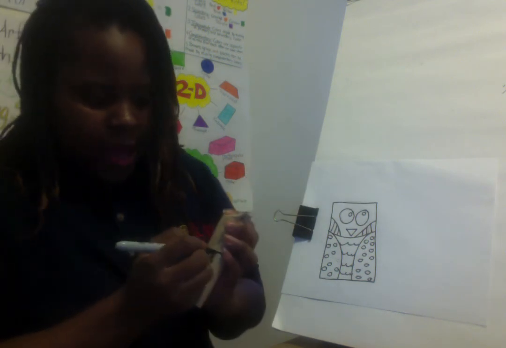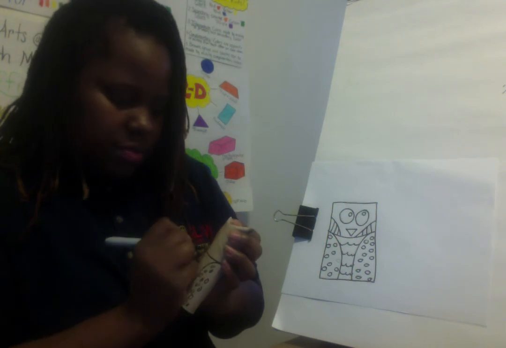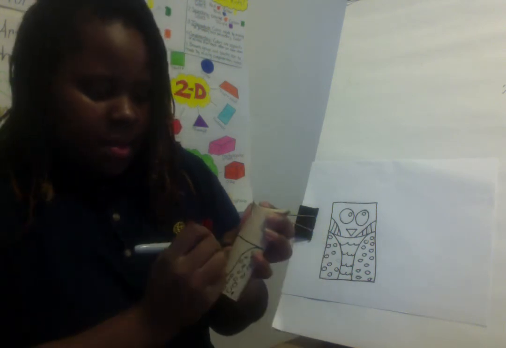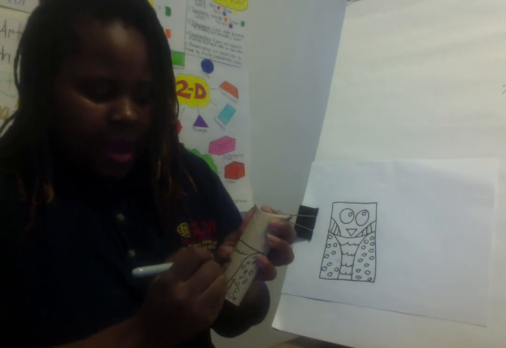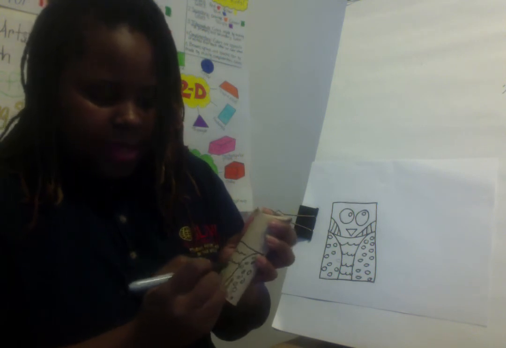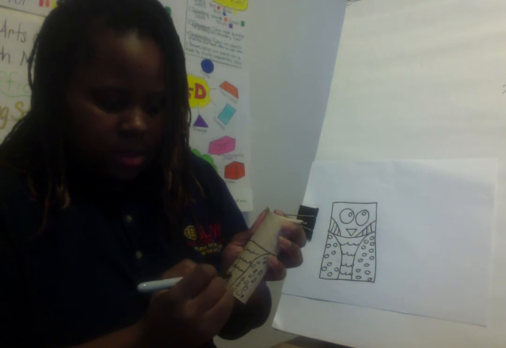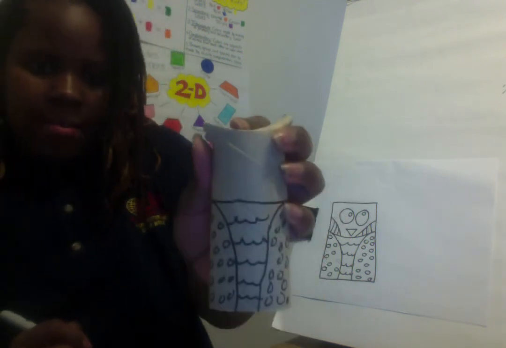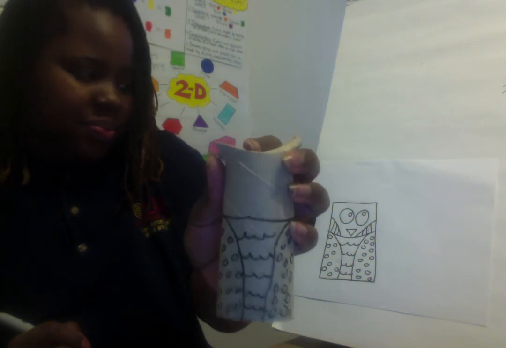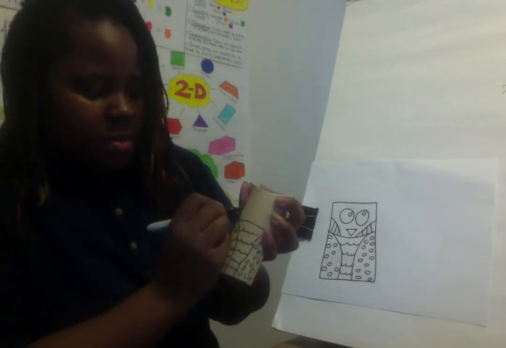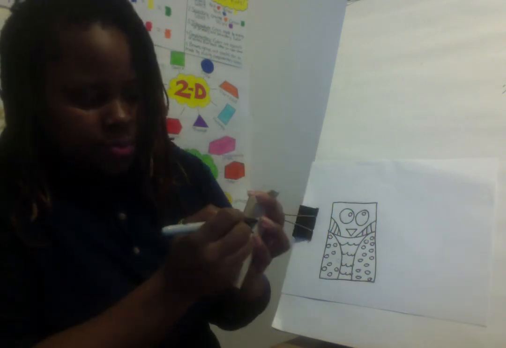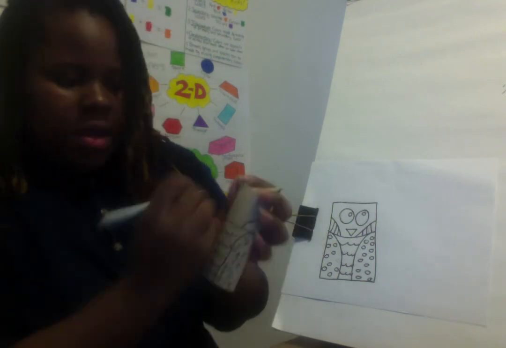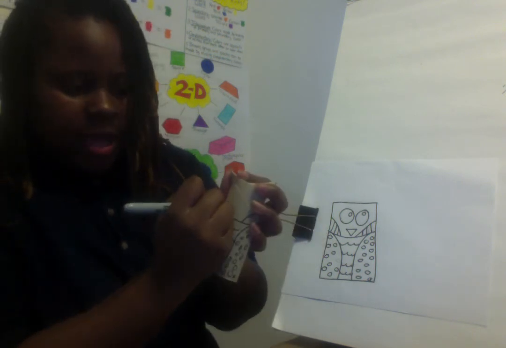I'm going to draw that line across. And then I'm going to use wavy lines to meet the edge of my owl. Next part that I drew, and draw some lines down just like I did in my picture.